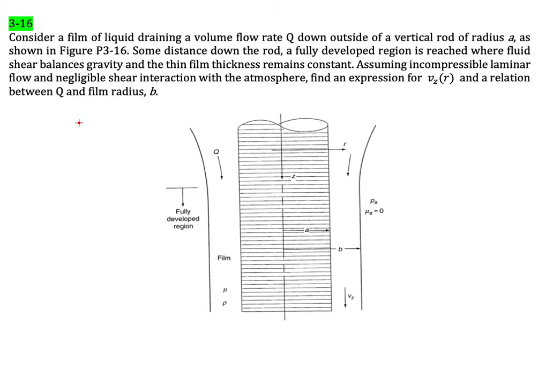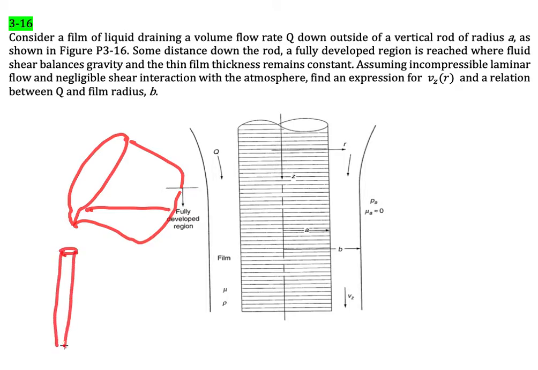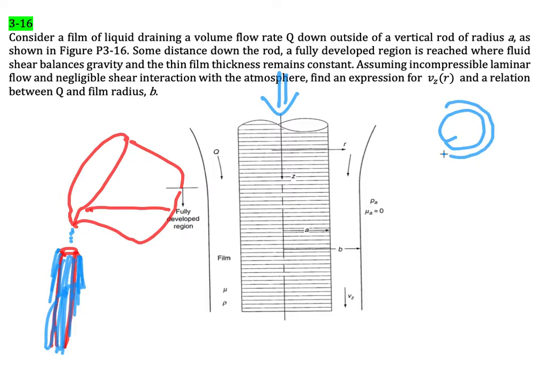This is something like, for example, if you have a beaker and you pour a liquid onto a rod. If you pour it very carefully, the fluid will flow smoothly on the rod. Imagine the top view: we have a rod, and the liquid flows around it freely, with equal film thickness, driven by the gravitational force.